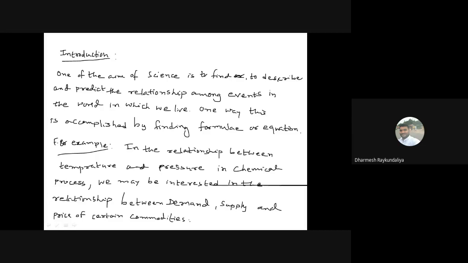We know that there is a connection between the demand and price. What is the connection?